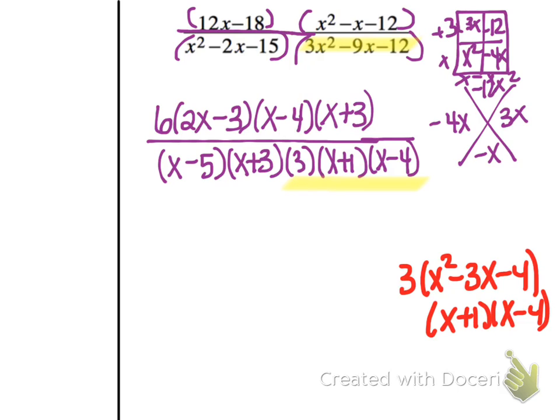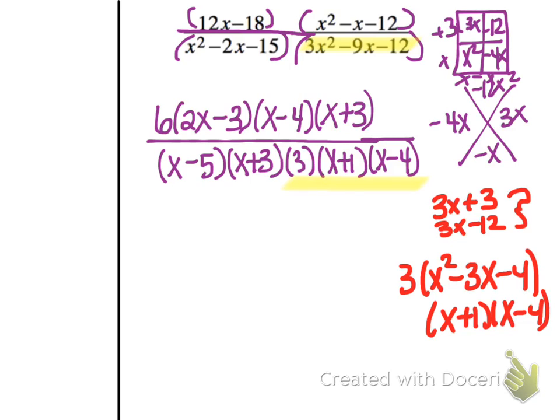If you didn't do it that route, you may have ended up with one of your factors being either 3x plus 3 or 3x minus 12. And you'll notice in those two factors, they both have that common factor of 3 that you could have pulled out to get that final answer.